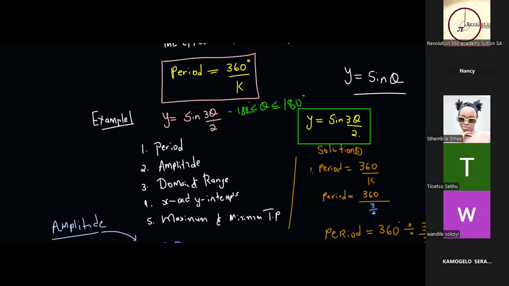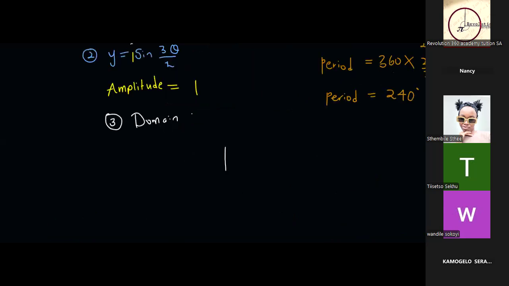They're telling us that theta is less than or equal to 180 or greater than or equal to negative 180. So we're going to draw a Cartesian plane that ranges between minus 180 and 180.